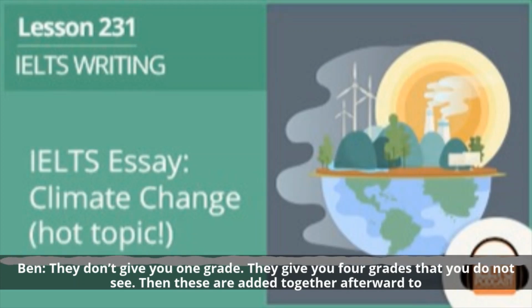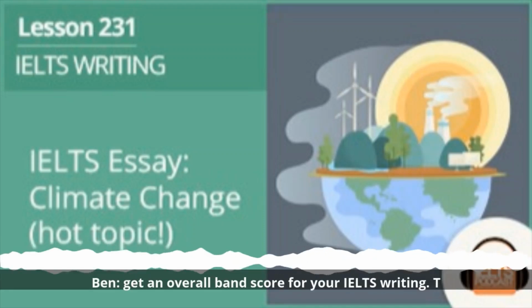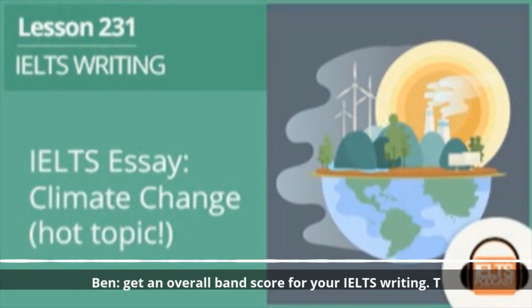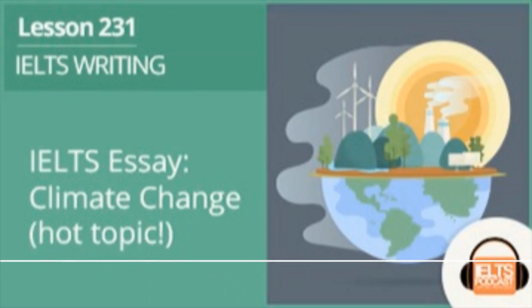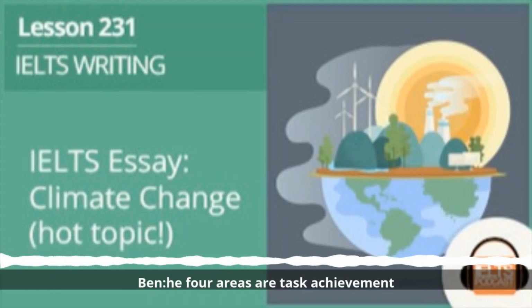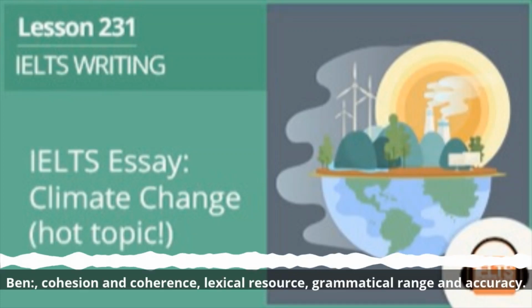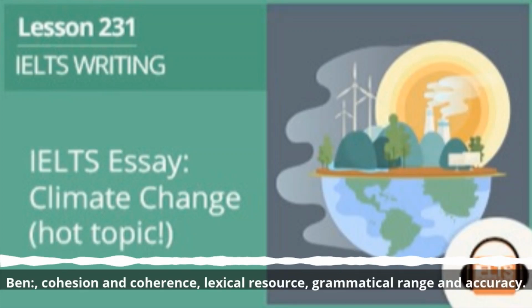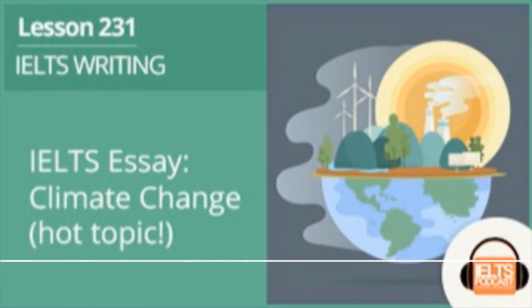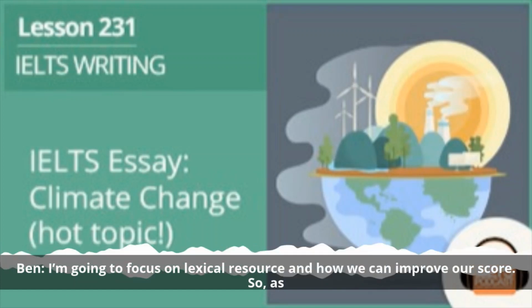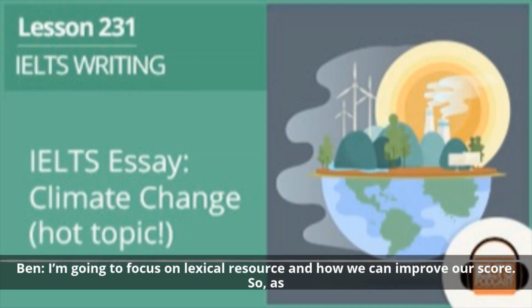Then these are added together afterwards to get an overall band score for your IELTS writing. The 4 areas are task achievement, cohesion and coherence, lexical resource, grammatical range and accuracy. I'm going to focus on lexical resource and how we can improve our score.